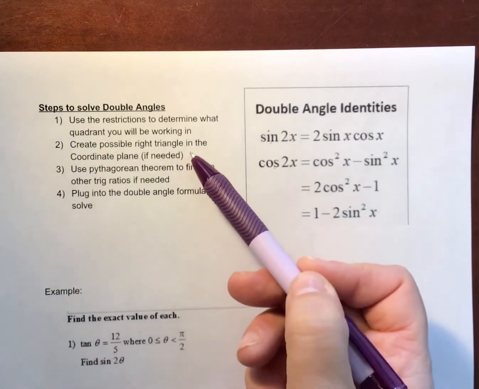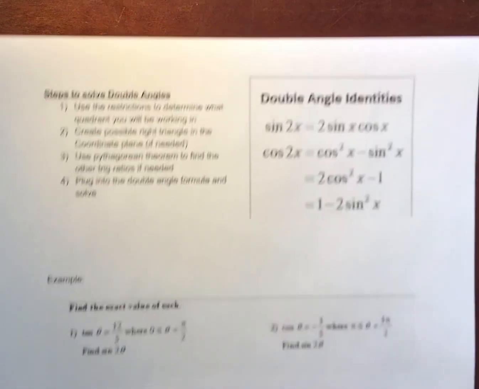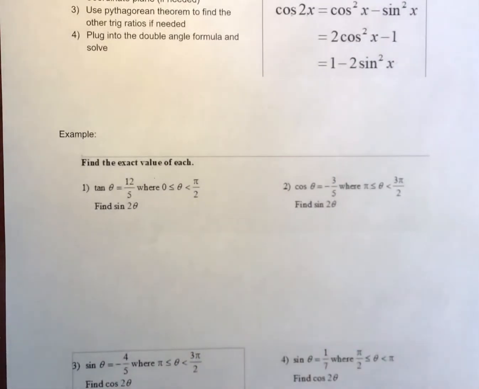Second, we might have to find parts of a right triangle. We might have to find the radius of a right triangle, depending on whether they want us to find sine, cosine, or tangent. That's number 3. And then number 4, we will determine which double angle formula we will be plugging into and solving. So we'll be going back up to there. Let's start with number 1.